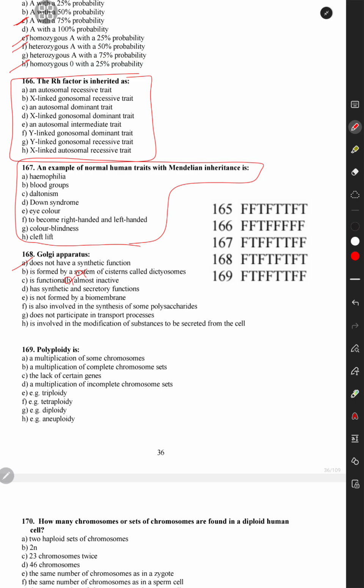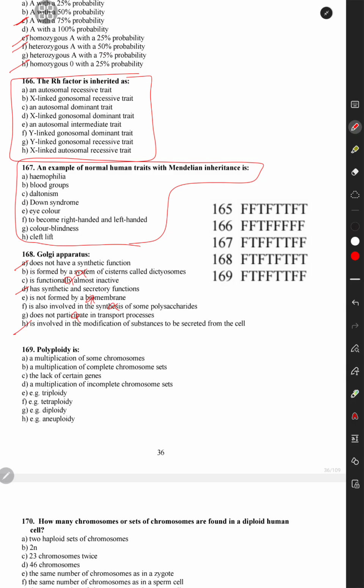Has synthetic and secretory functions. Is not formed by a biomembrane. Is also involved in the synthesis of some polysaccharides. Does not participate in transport processes. Is involved in the modification of substance to be secreted from the cell.